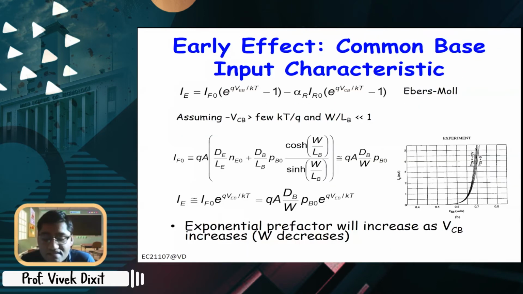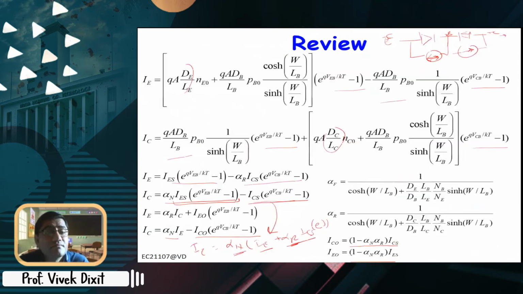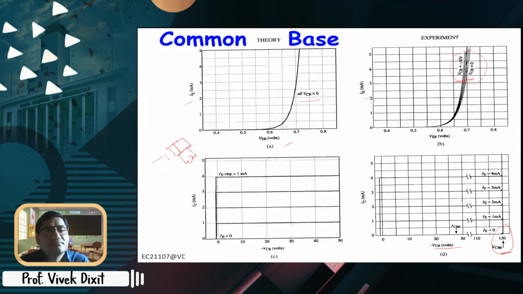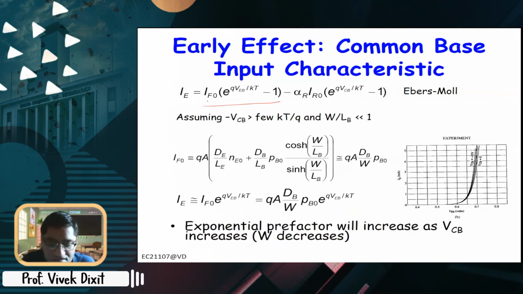For the common base characteristic, let's write the equation: IE is equal to IF naught, or the notation we used, IES, minus IR naught, which was alpha R ICS.